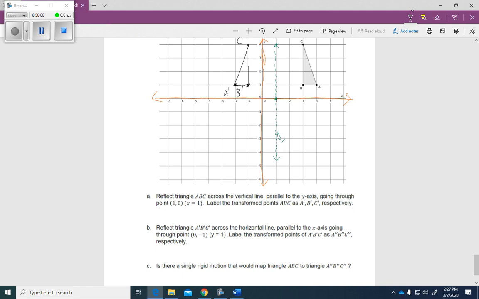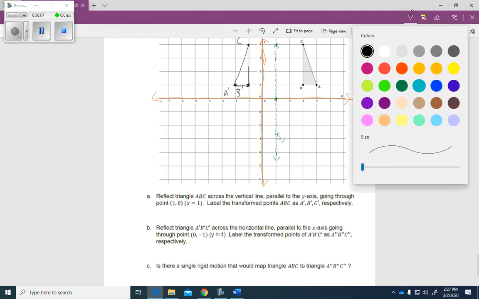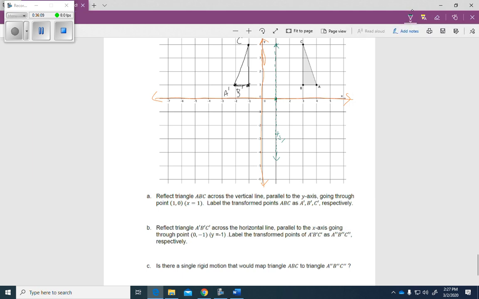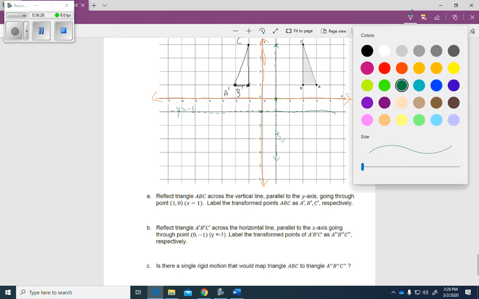And then now I have to reflect triangle A prime, B prime, C prime across a horizontal line. Again, I guess I'll make it in green. And it's going to go through the point 0, -1. It's this line in green. This is really the line y equals -1. I'll change to purple.